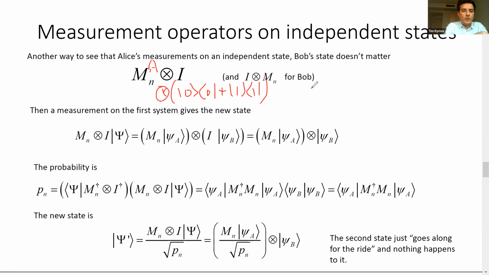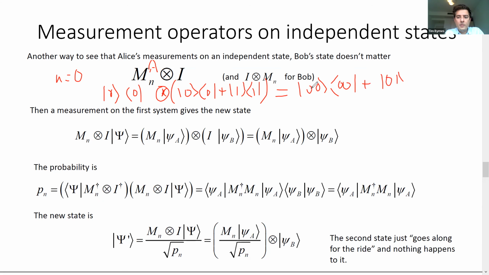And then on Alice's side, say we're looking at a particular measurement of the zero state, so we're doing the case n equals 0. In this case, the total measurement operator would look like this, and this is a tensor product. So for example, this would be equal to something like this, plus 0, 1, 0, 1.